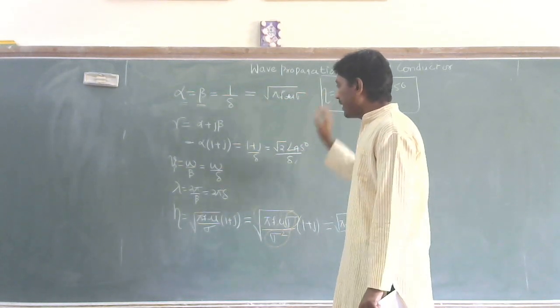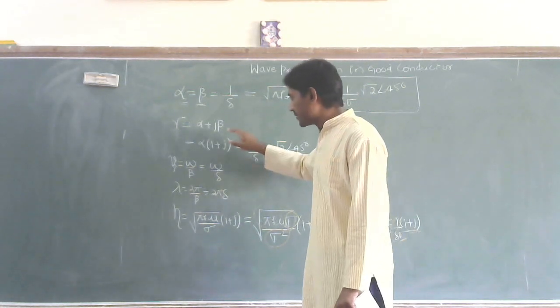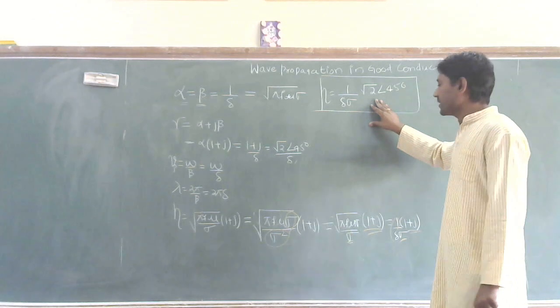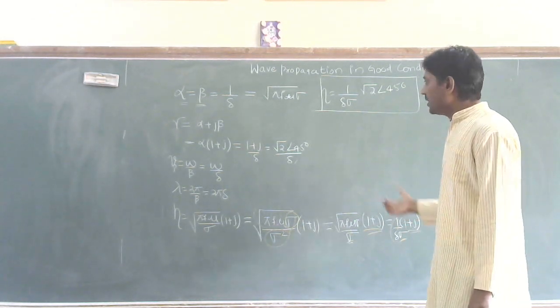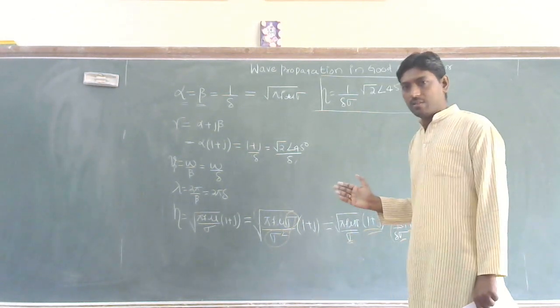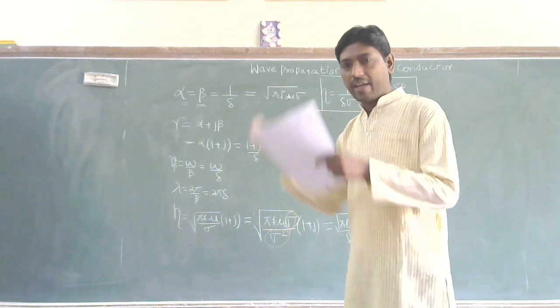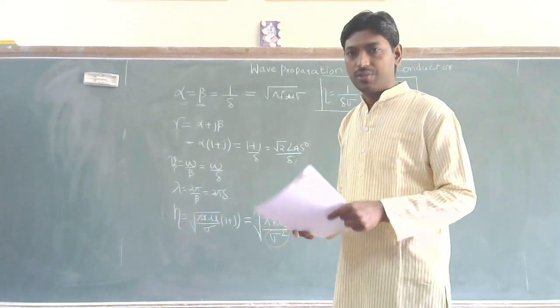Remembering gamma, velocity, eta, and all this intrinsic impedance in terms of skin depth is quite easy, as compared to the wave characteristic parameters we have for the good conductor.